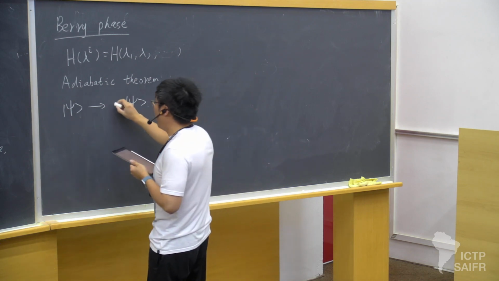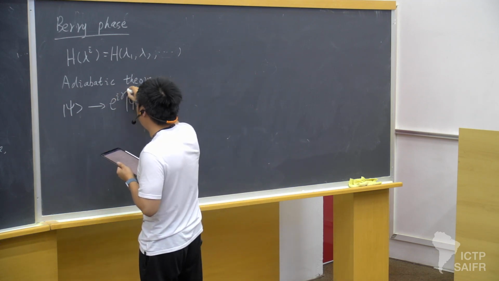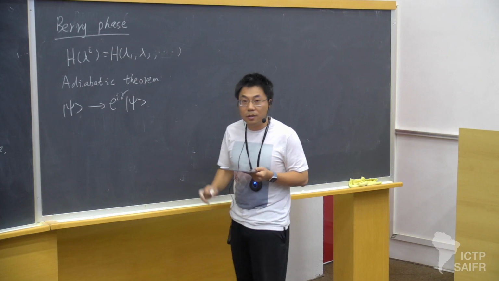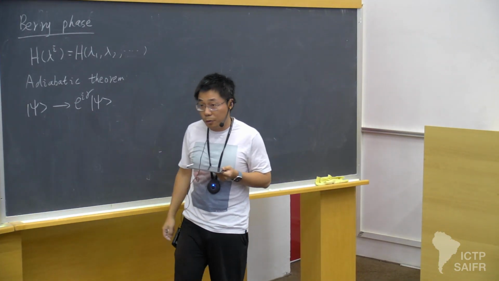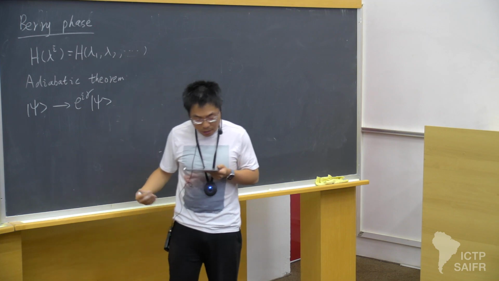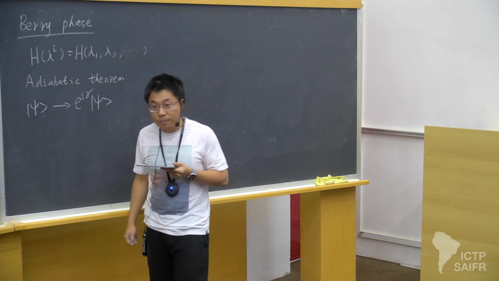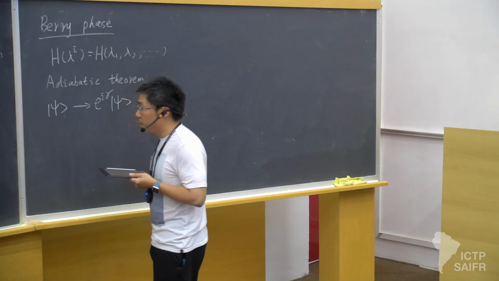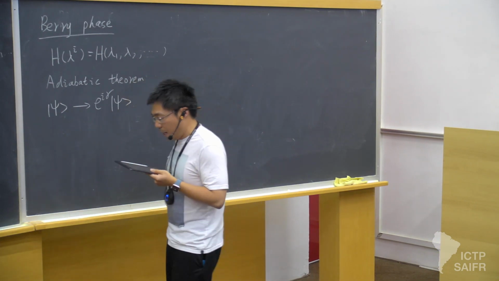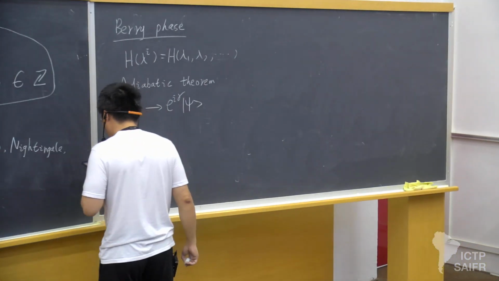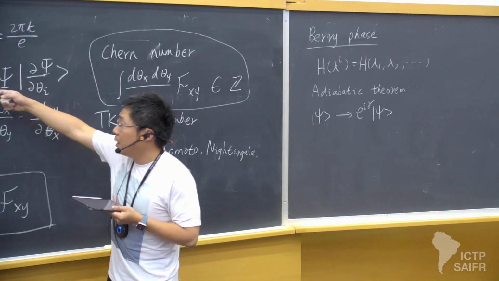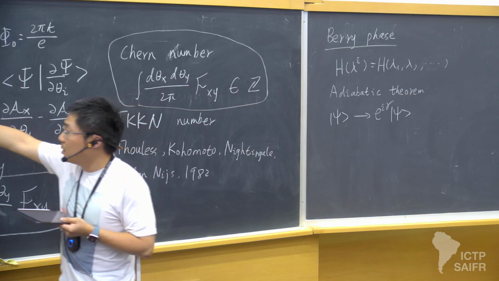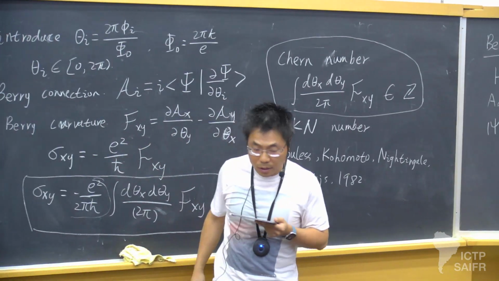But there could be a phase factor in front of it. We learned in quantum mechanics that there's a phase degree of freedom, and this phase is called a Berry phase. The way that you can compute the Berry phase is really just to use this. That's why I call it a Berry connection.